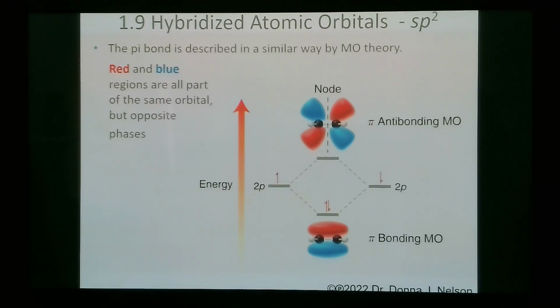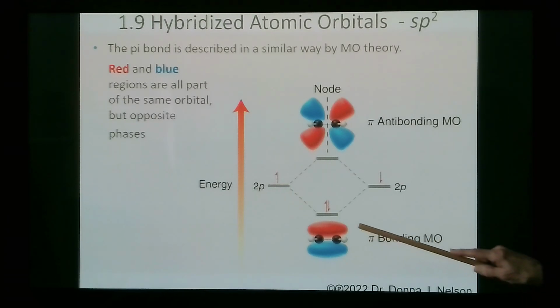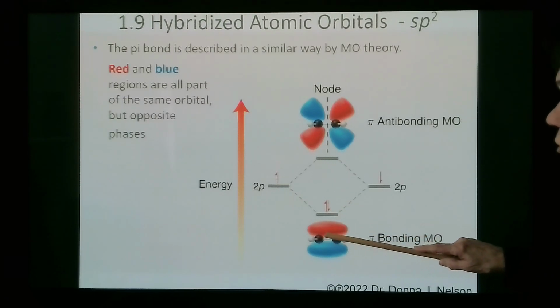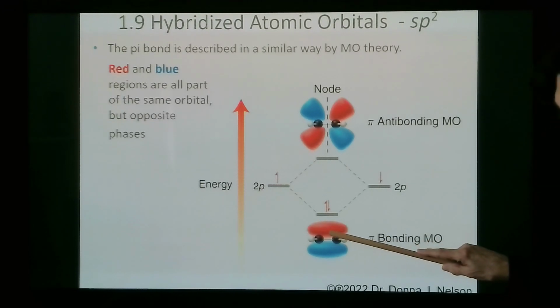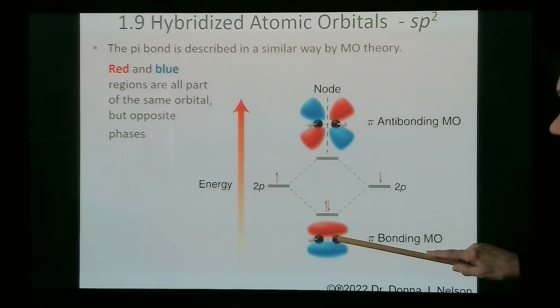And this is called a bonding molecular orbital because when it's populated, you can see when this is occupied, it actually shows you how the two nuclei are held together. When electron density is residing in this bonding molecular orbital, the two nuclei are held together. That's why it's called a bonding molecular orbital.